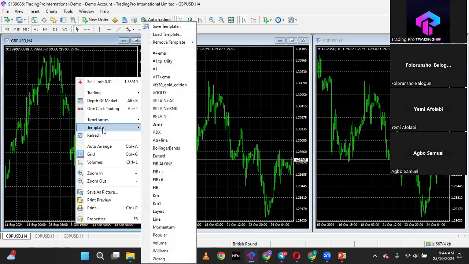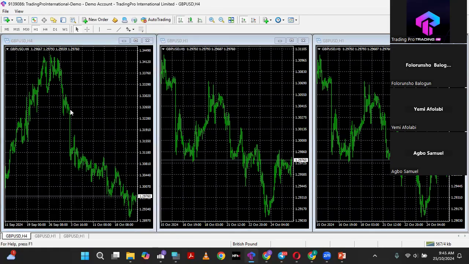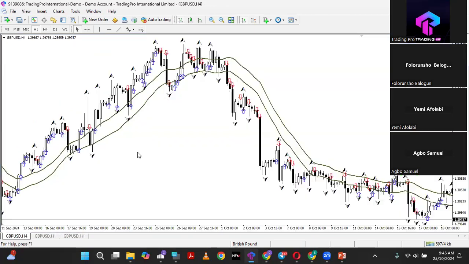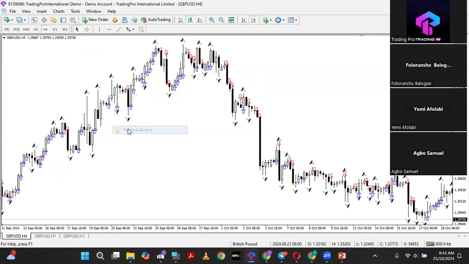So when you've done that, probably you would have saved your template. When you save your template, let me delete this so that I can redo it again. Once you've saved the template, what you do is you have a plain chart.